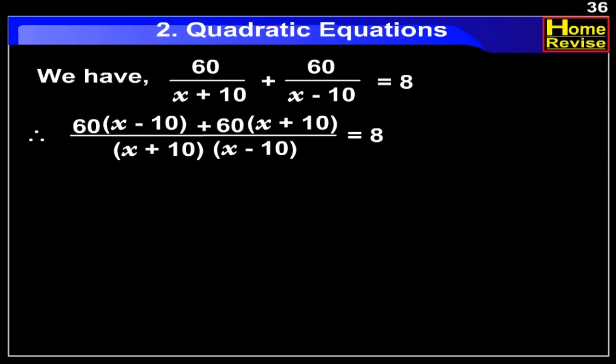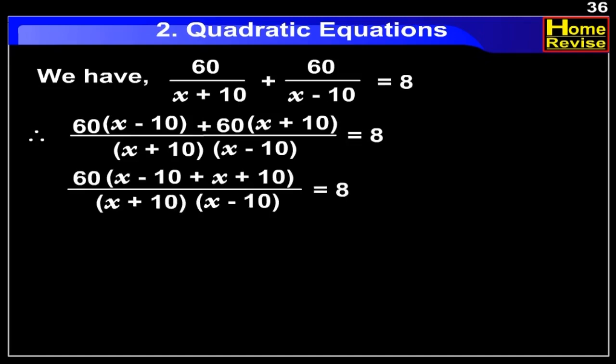Taking out 60 common, we get 60 in bracket x minus 10 plus x plus 10 divided by x plus 10 into x minus 10 is equal to 8. Here, in the numerator, minus 10 and plus 10 get cancelled out. Therefore, we have 60 into 2x divided by x square minus 100 is equal to 8.